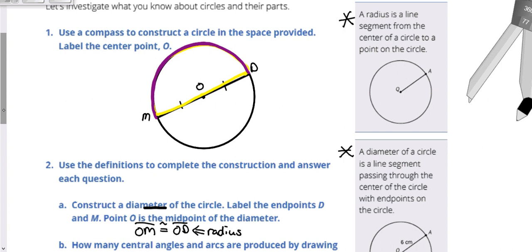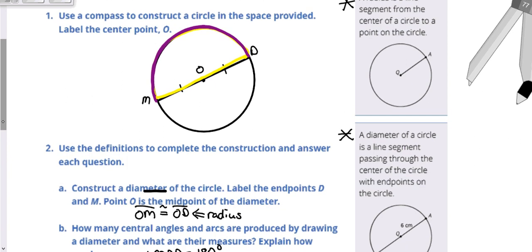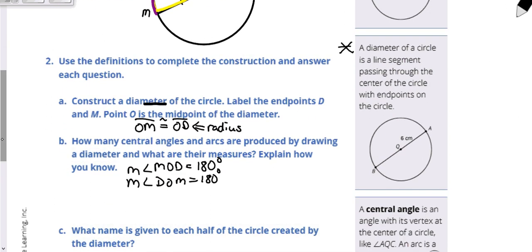Now, usually semicircles we label with 2 or 3 letters, so that means we need to get a third letter in here. So I'm just going to randomly pick a point over here and call this point X. So on angle DOM, we have arc DXM, which is equal to 180 degrees.